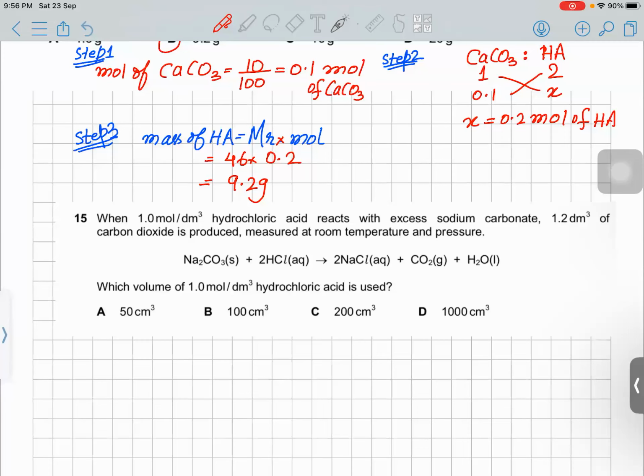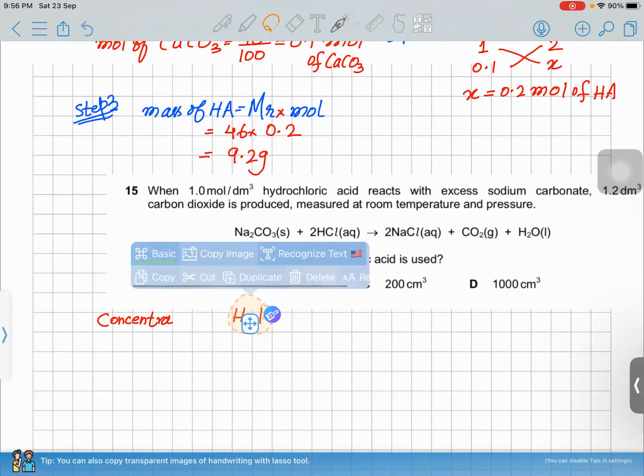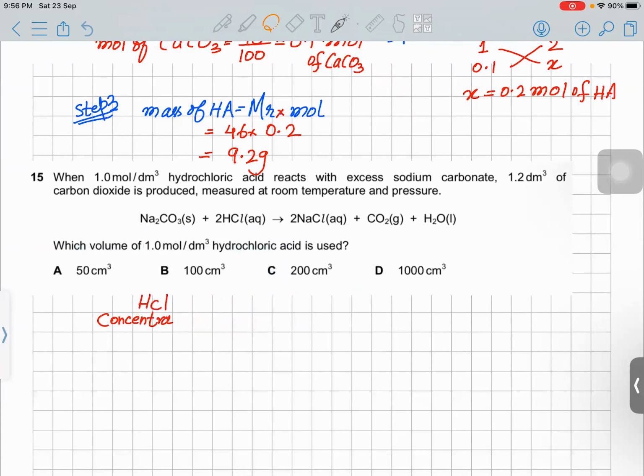Okay, so basically here you have two liquids. Hydrochloric acid, HCl. Can you tell me the concentration of hydrogen chloride? 1 mole per dm cube. Okay, concentration of HCl is 1 mole per dm cube. So which gas is produced?